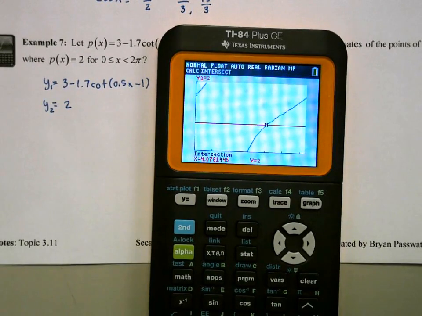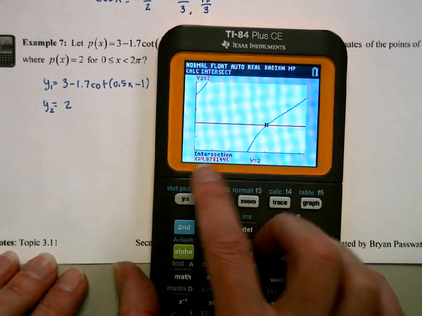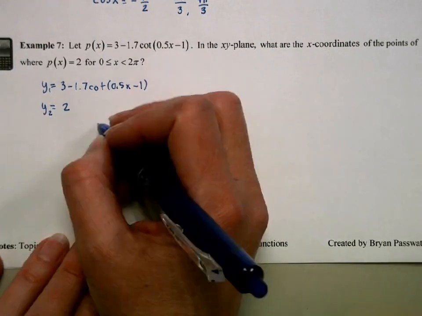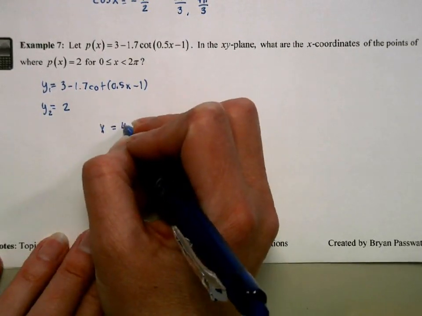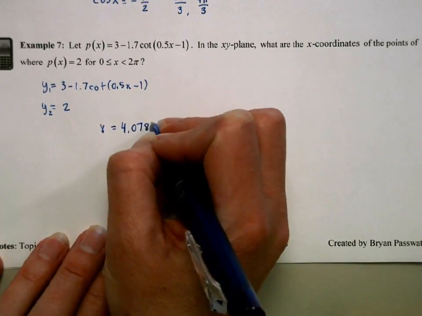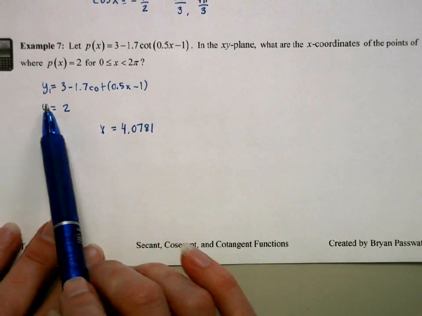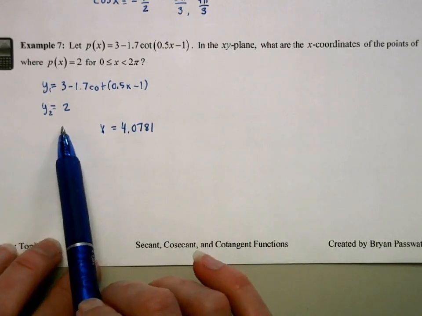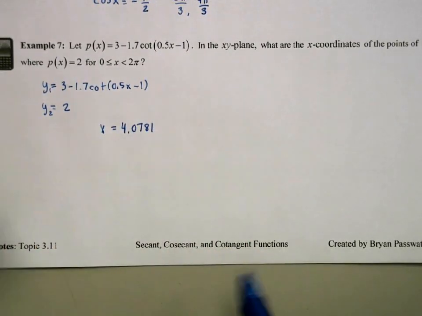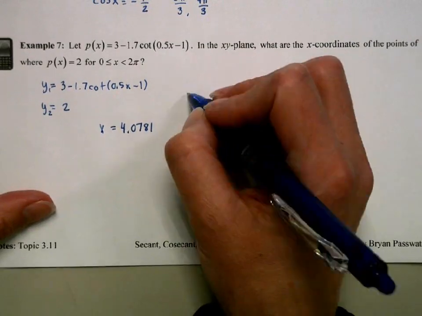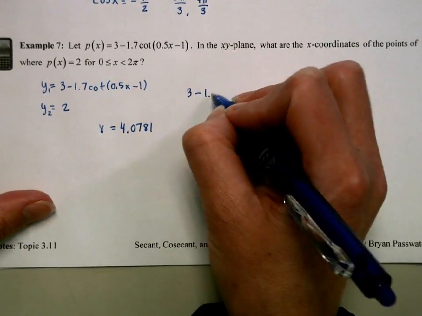So at 4.0781 is our solution. Now for the AP exam, on a problem like this, since we used the calculator, we want to show what we're doing. So I would write the equation that we were solving.